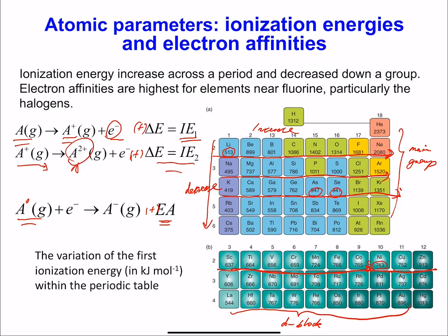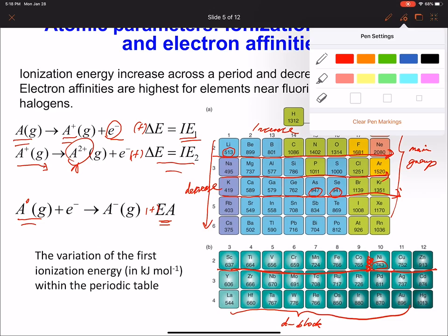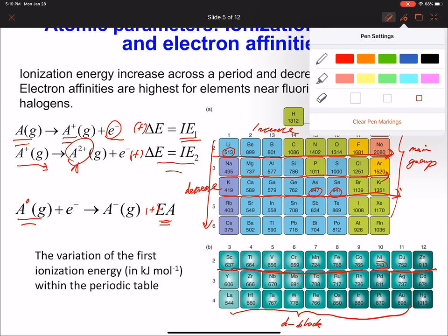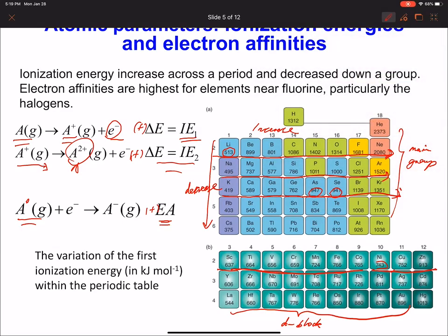This one is smaller than this one. Let's go back a little bit. You see this number is smaller than the second, but here it's larger. So that's still an exception here.